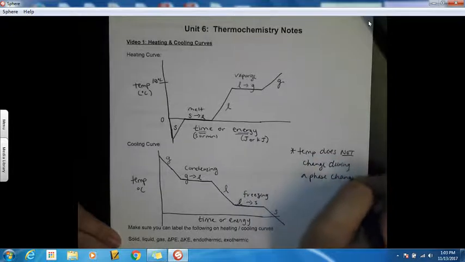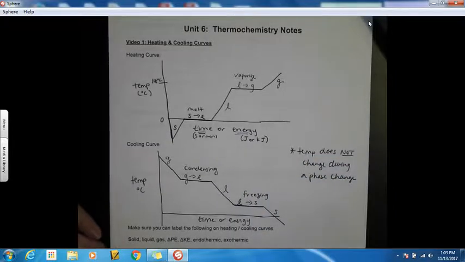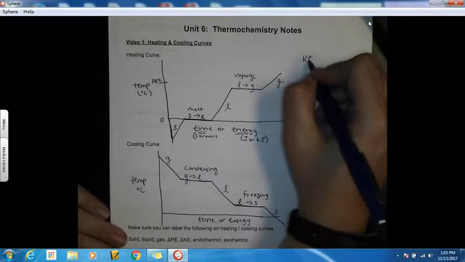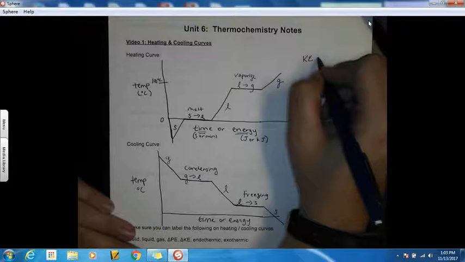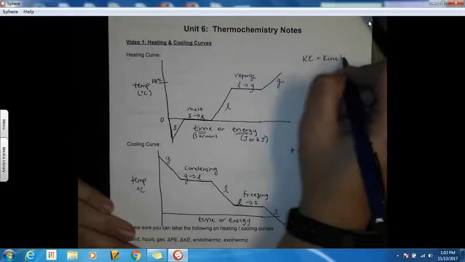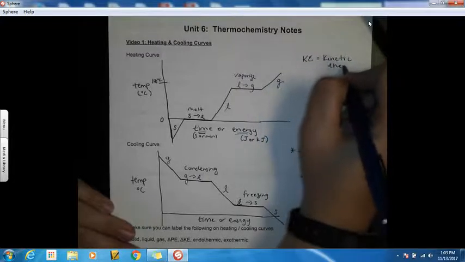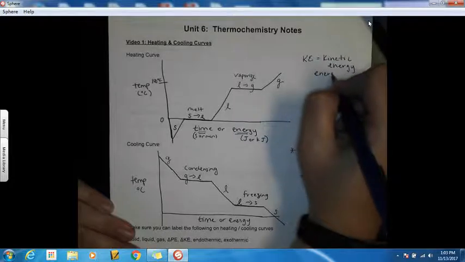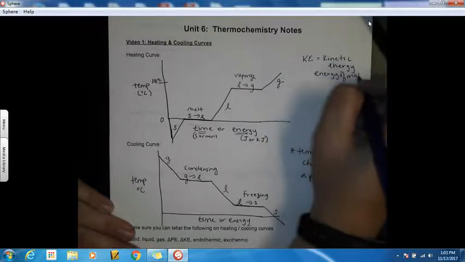The changes that we do have happening, though, are the molecules getting closer together or further apart. And so there's two types of energy. One is kinetic energy, and that is energy of motion.